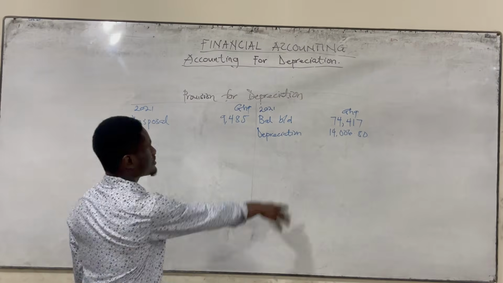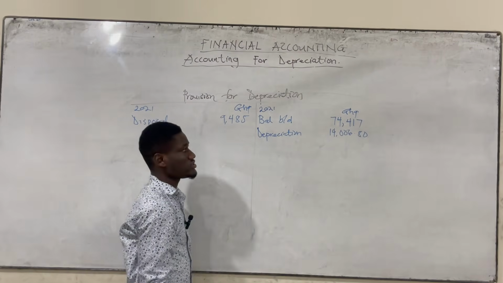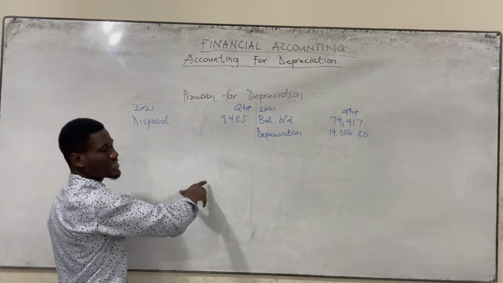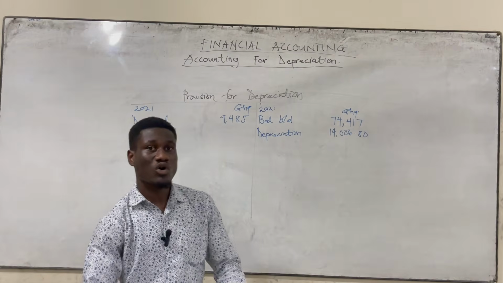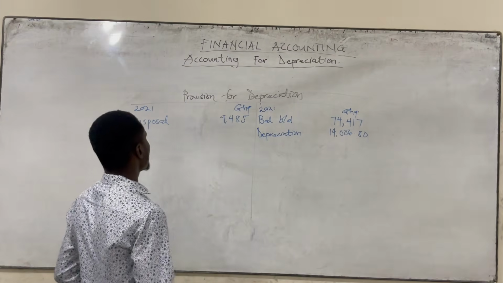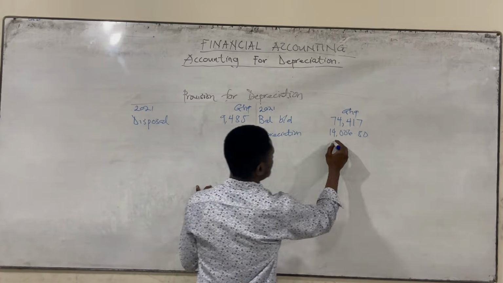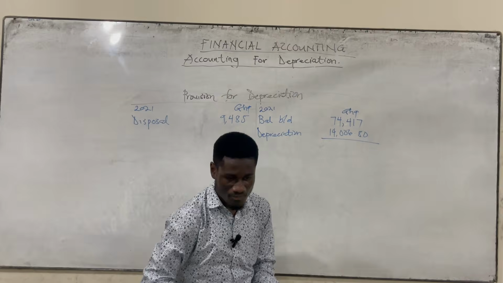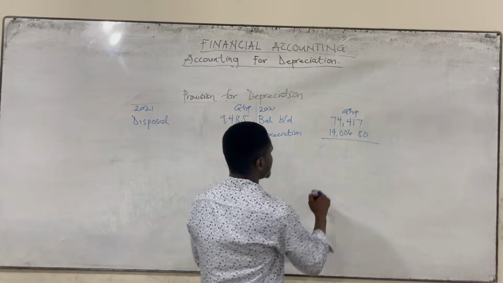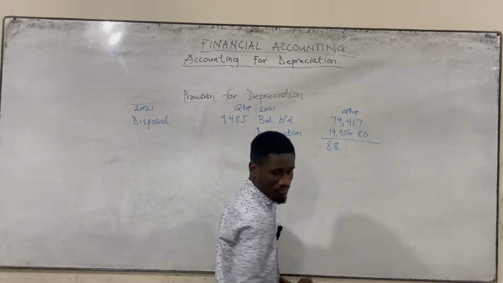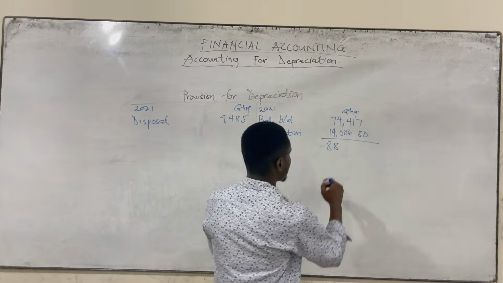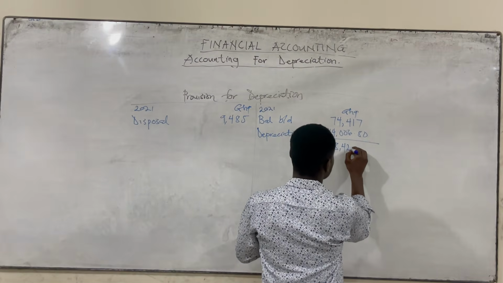Good. We are done because here we record the yearly depreciation and here we record the total depreciation of the assets sold. So with this, we know that this side will be greater than this. So we have our total to be 88,423.80.